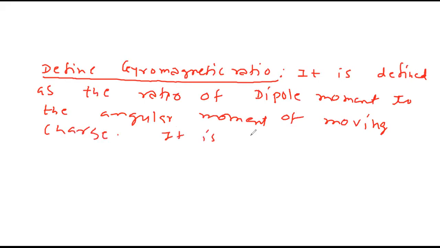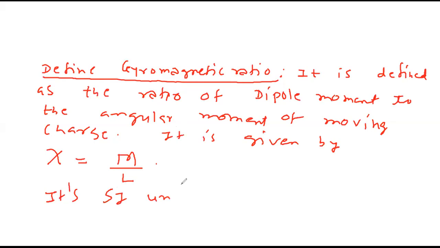It is given by lambda equals m upon L. Its SI unit is coulomb per kg.